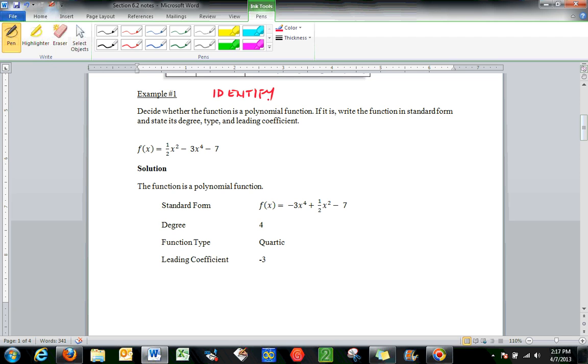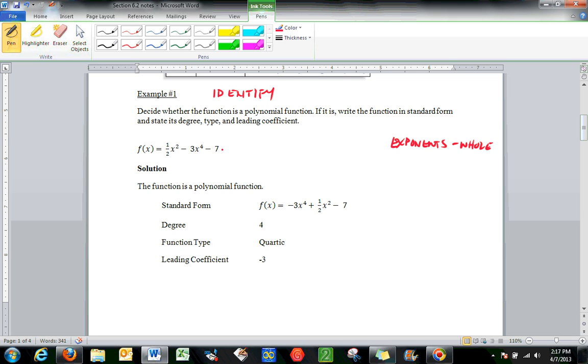They cannot be integers, they cannot be variables, they cannot be fractions. So that's the very first thing that we need to be aware of. So exponents should be whole. And as we look across this function, we can see we have x squared, x to the fourth, and then we have a constant term where we have no x value. So we know that this is a polynomial function.